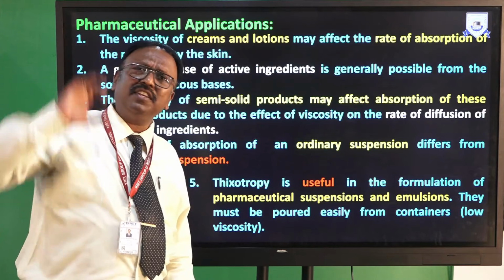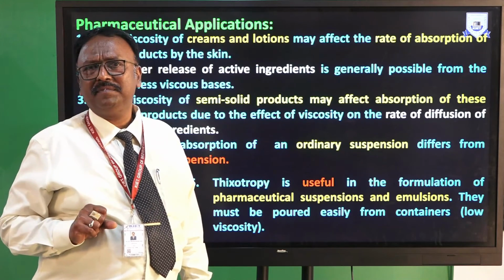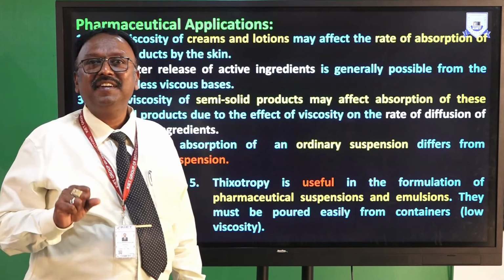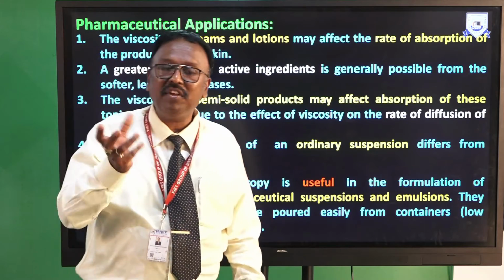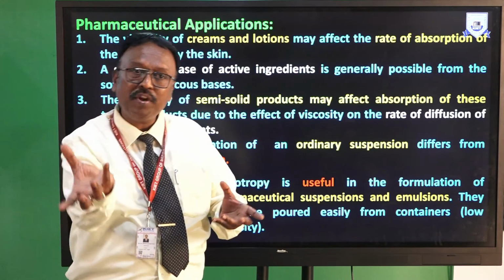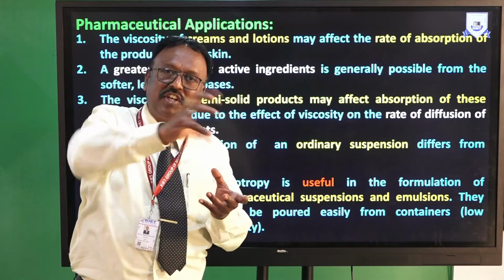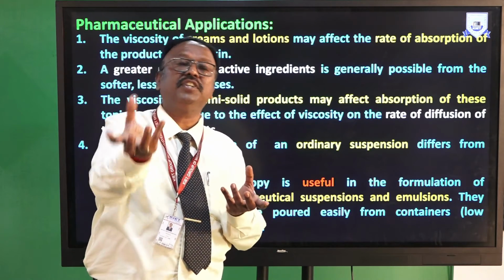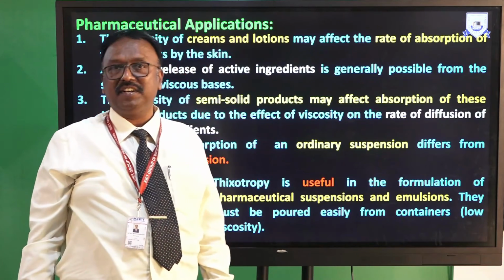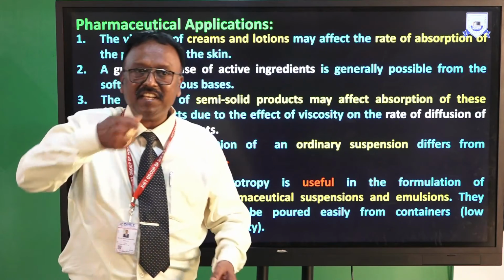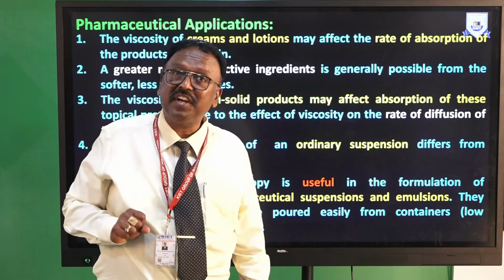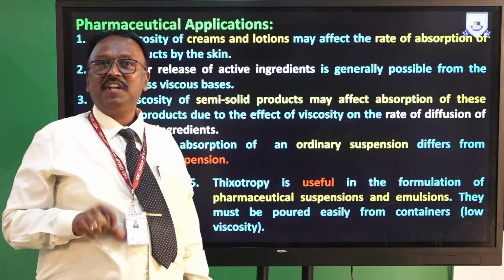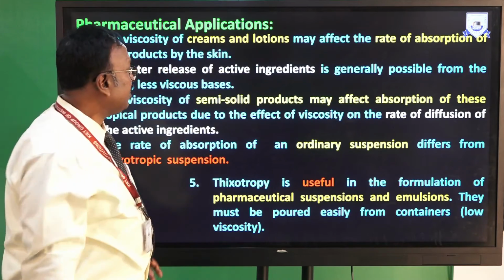If you go on increasing the viscosity, it is also difficult, because with high viscosity, pouring the liquid from the suspension or emulsion container is difficult. While taking the dosage form, it is very difficult. For that reason, viscosity plays an important role.